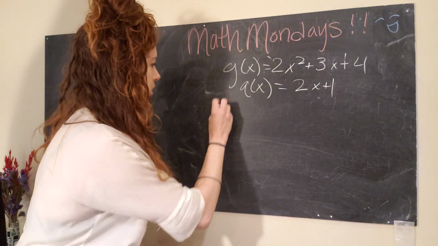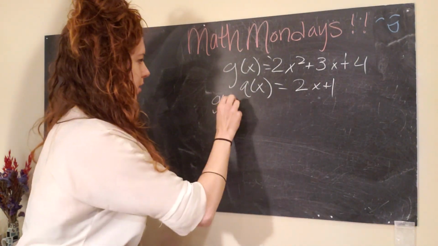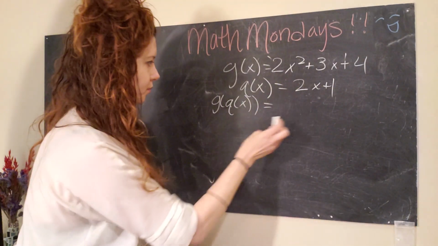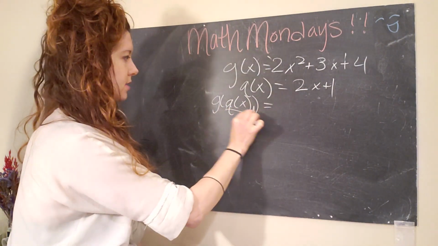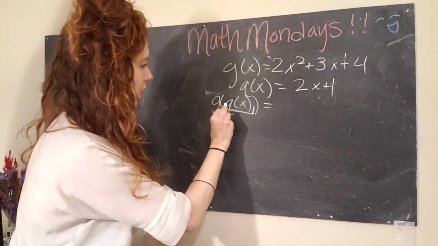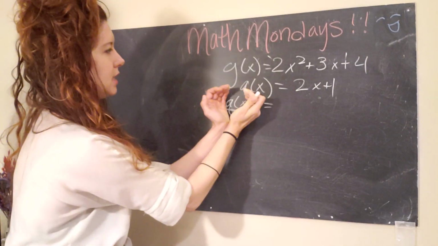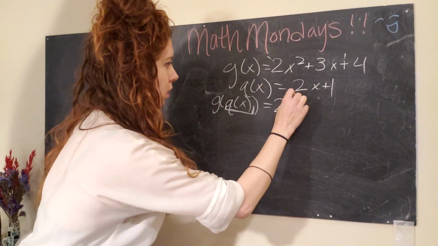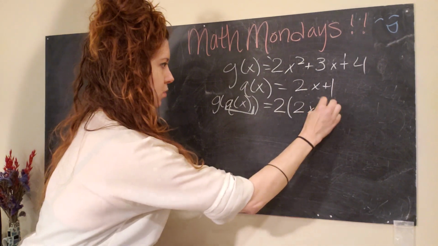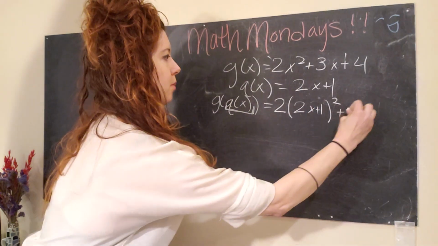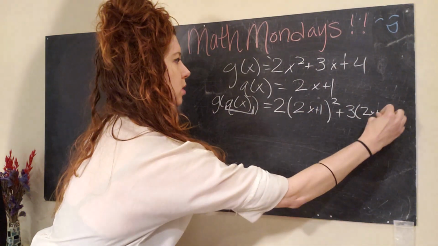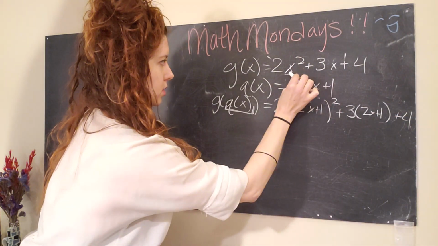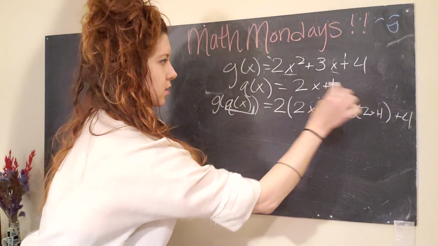Okay, so now g of q of x equals, I plug in q of x into g. And the reason why I'm underlining this is so that you can see that this goes in for x. Okay, so now we have 2 times (2x plus 1), and that is squared, plus 3 times (2x plus 1) plus 4. So this is our x squared piece, so this goes into there, and this is our x piece, so that goes into there.